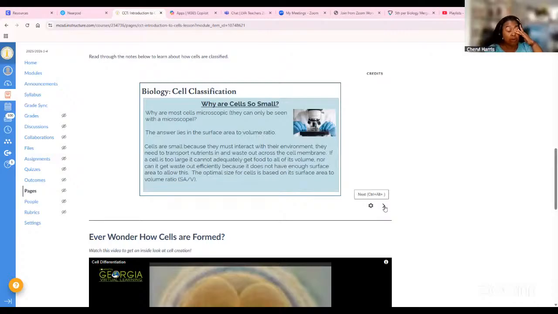So when we actually look at cell structure, we have to remember, even though our pictures are going to be huge, that this is something you have to put under the microscope in order to see what we're talking about. So they are microscopic. That means they're invisible to the naked eye. And they are very, very important to interacting with everything in the environment.